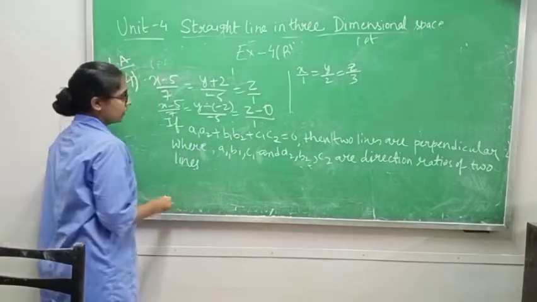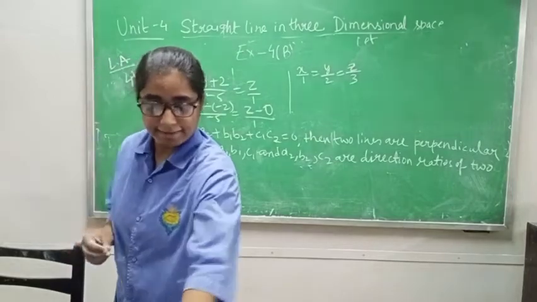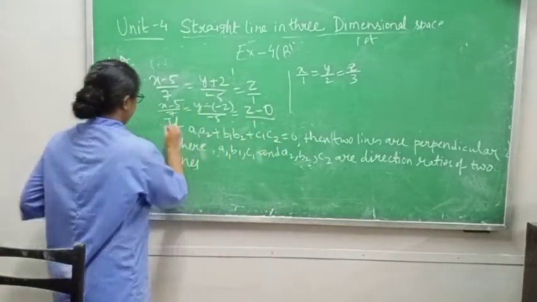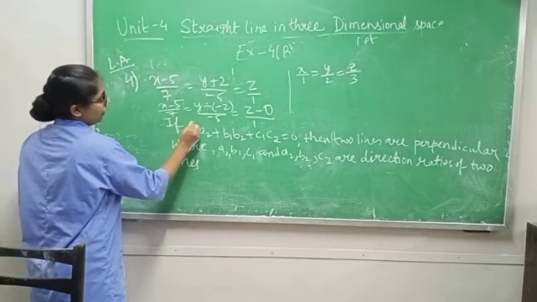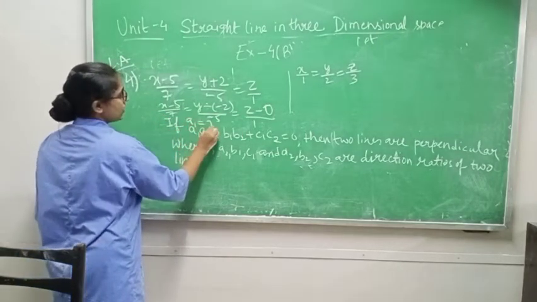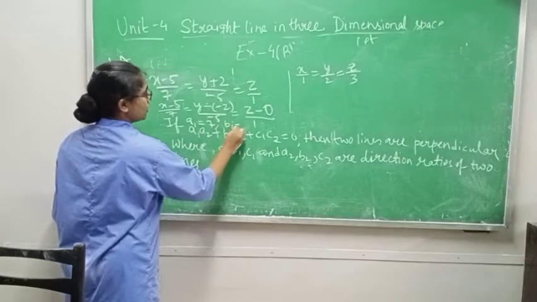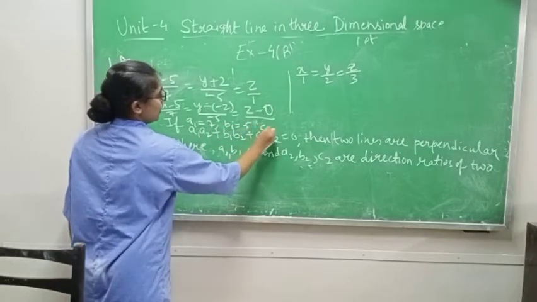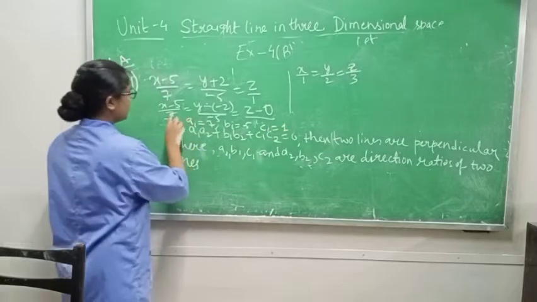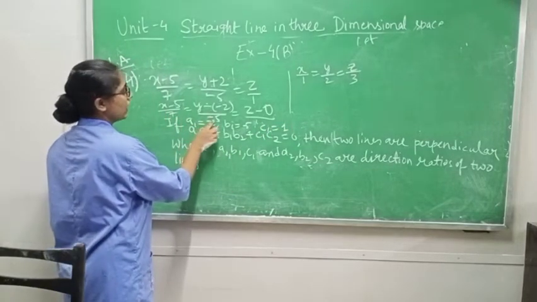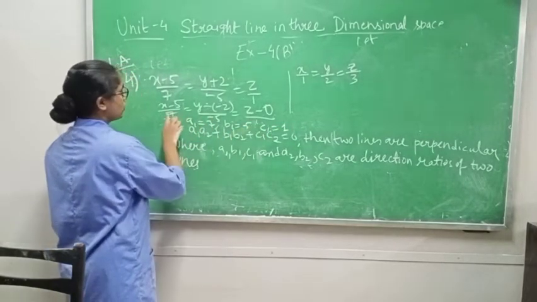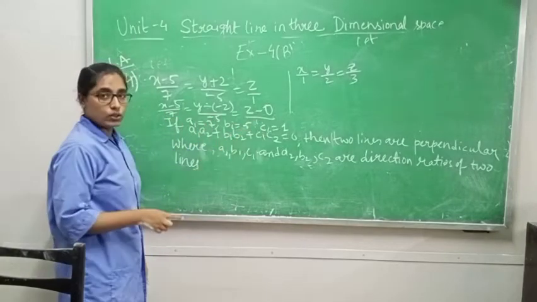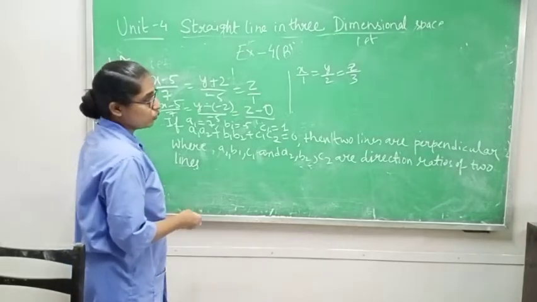It means that a1 value is 7, b1 value is minus 5 and c1 value is 1. From where? This is the a value, this is the b value and this is the c value. So a1 is 7, b1 is minus 5 and c1 is 1. Okay. Now after that what will you do?